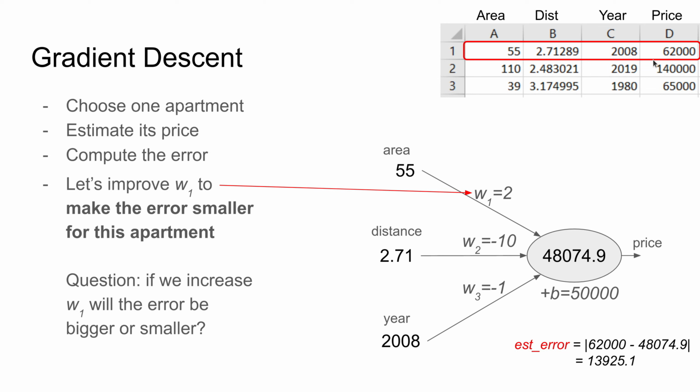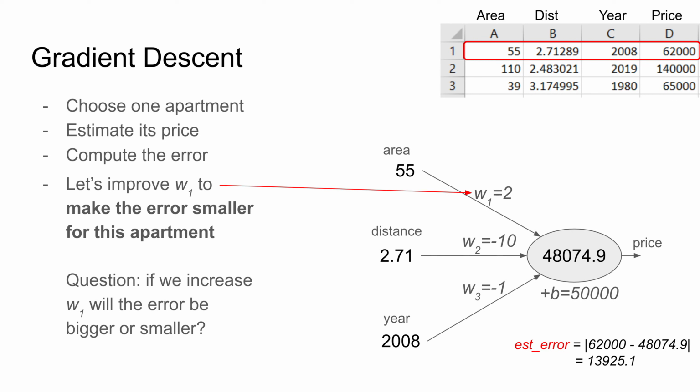Like, put a pause and think about it for a second. If you increase this weight, this price will go bigger and then it will be closer to the real price. So the error will be smaller if we increase the weight. So the network will be better.